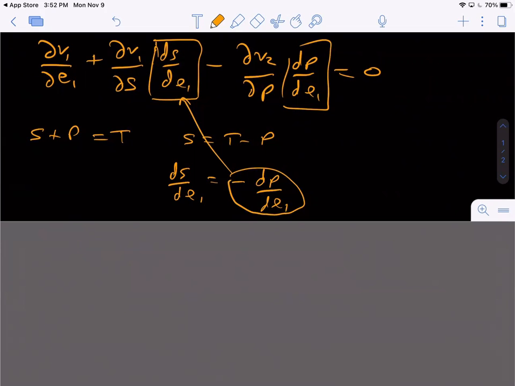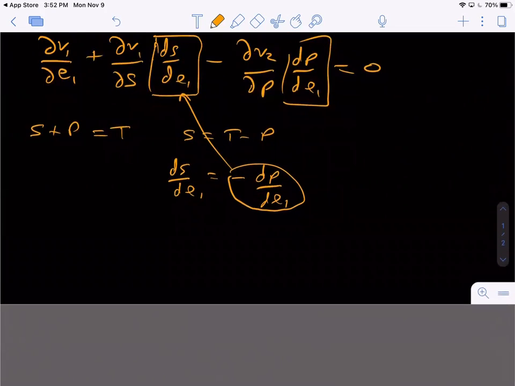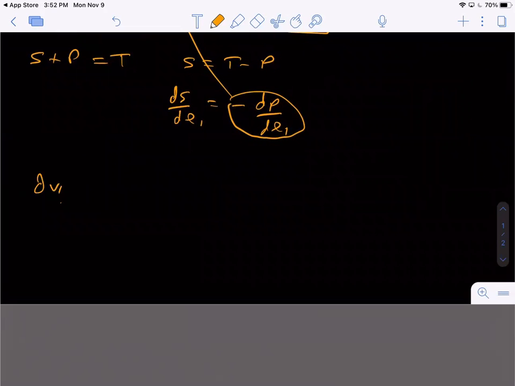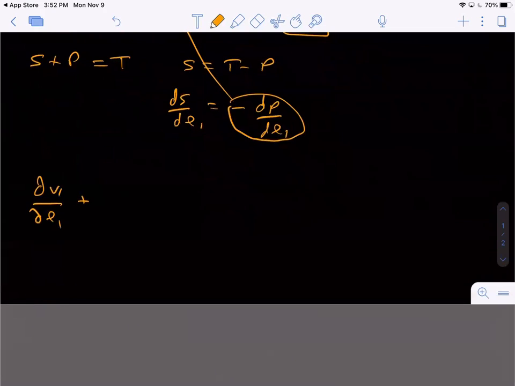So let's do that. It's dV1 by dE1 plus dV1 by dS, and now there's a minus sign, which you mustn't forget, dP by dE1.